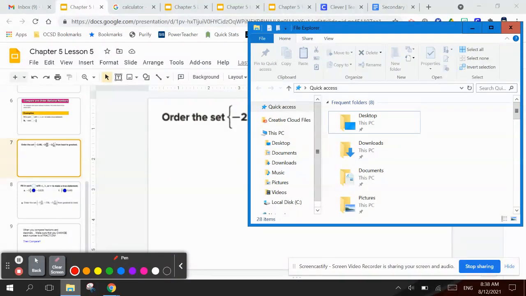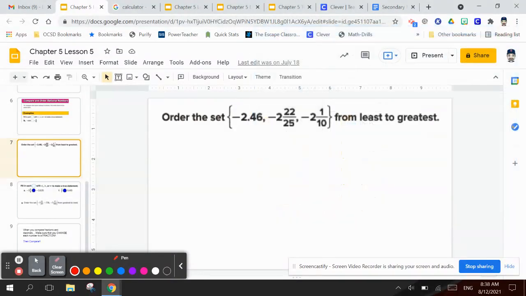So here we are going to order the set from least to greatest. So from our numbers here, we want to put those in order from smallest to largest. So I already have one as a decimal, so we're going to change the other two to decimals as well. Okay, so the negative 2's are going to both stay on those two mixed numbers.